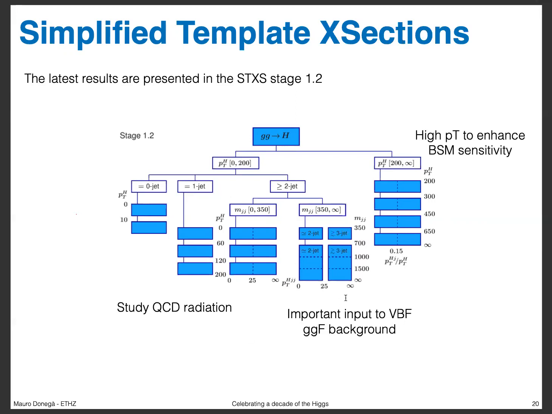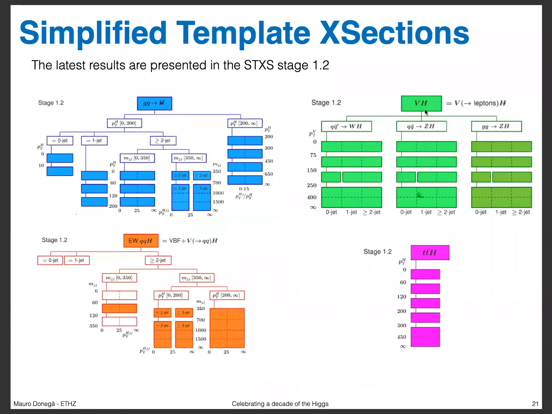And this one in particular here is 2 jets with a high mJJ, the invariant mass of the 2 jets in the event. And this is interesting because it's essentially a possible source of background for the VBF category, where you have these 2 high eta jets as a signature of your VBF that could be mimicked by a gluon fusion with characteristics in these bins.